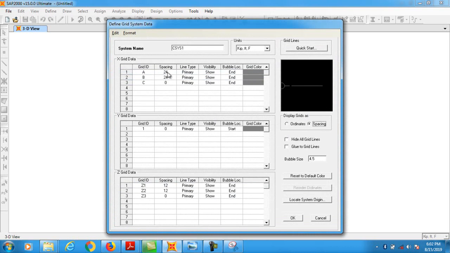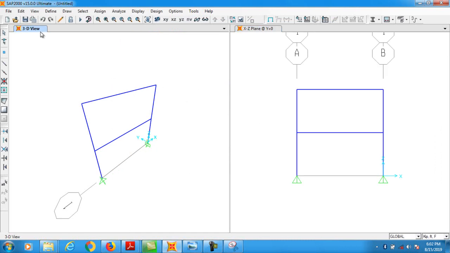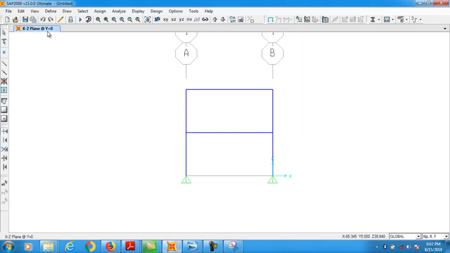Your AB is 20, and delete this one and make it 0. Clear? From Z1 to Z2 you have 5, from Z2 to Z3 you have 10, and Z3 equals 0. Through this way you can practice and do the same example.